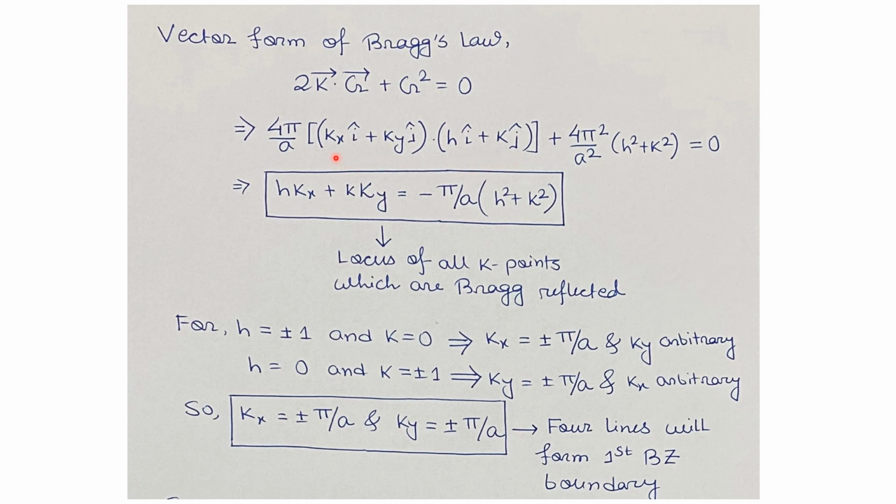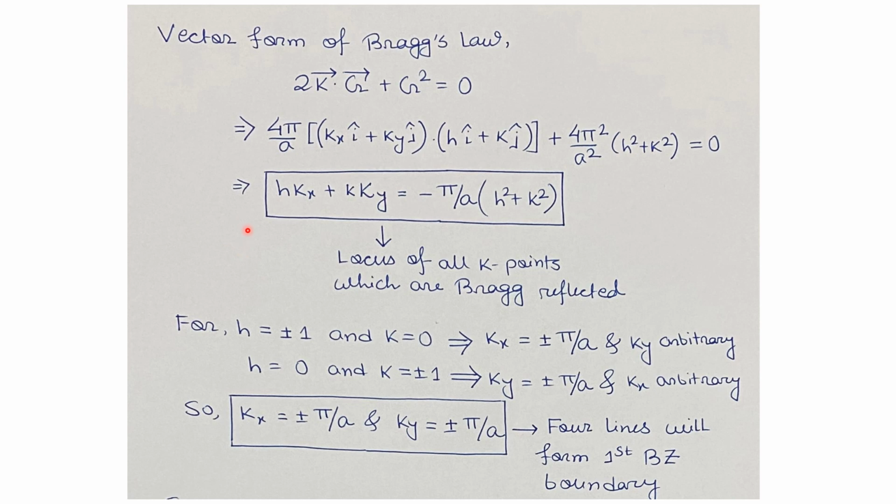The kx i cap dot product with h i cap will give h kx, but this kx i cap dot product with k j cap will give 0 because i and j are unit vectors orthogonal to each other. Similarly, ky j cap dot product with h i cap will give 0, but the ky j cap dot product with k j cap will give k ky. So after some rearrangements, we'll get this equation: h kx plus k ky equals to minus pi by a times h square plus k square. Here h and k are integers.